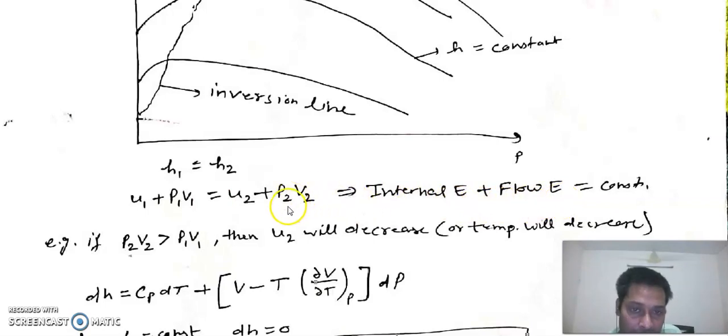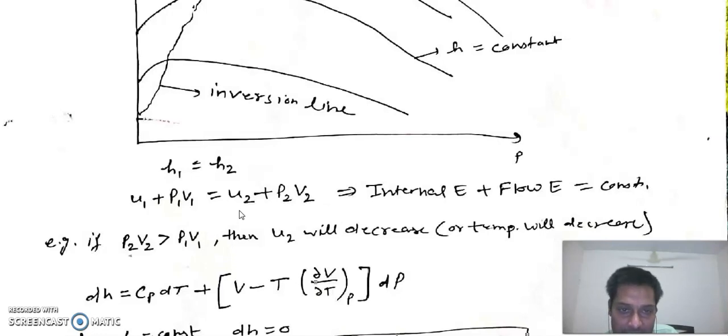If, for example, P2 V2 is greater than P1 V1, it means to compensate for that U2 will be less than U1. It means we have less internal energy in the outlet stream.